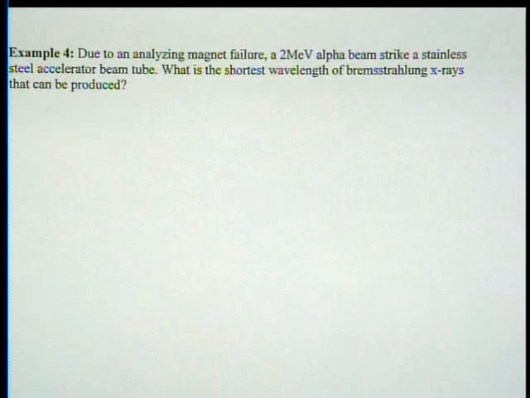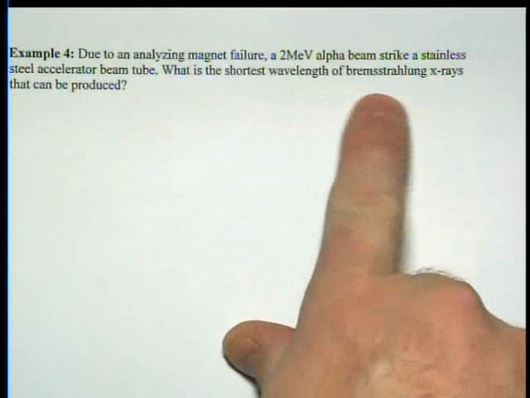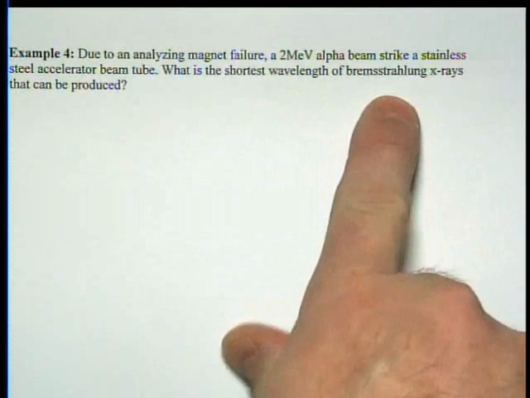So since it hit your pipe, it's going to stop. And since it's going to stop, it's going to radiate. You didn't want it to radiate, but you have no choice. And what I'm asking you is, what's the shortest wavelength of the Bremsstrahlung X-ray you can produce?